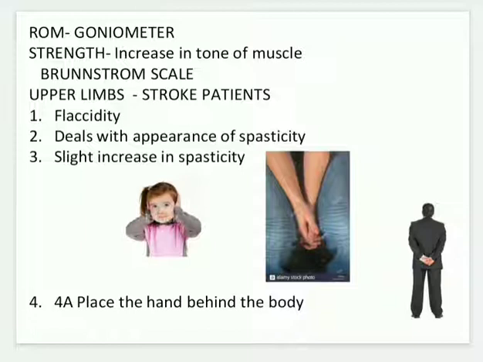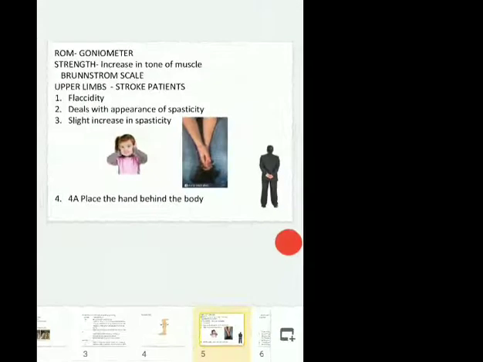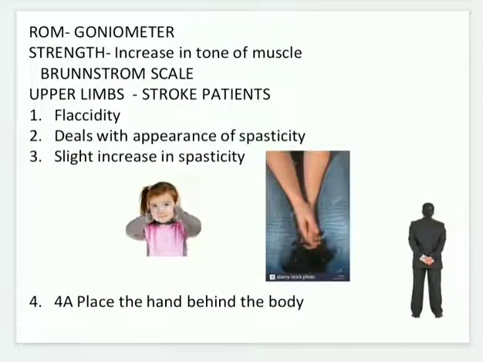And how can it be improved? It can be improved by passive range of motion. According to the gradings, you can do massage, apply electrical stimulation, and do suspension therapy and hydrotherapy.